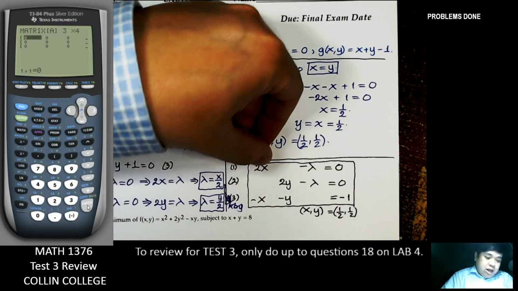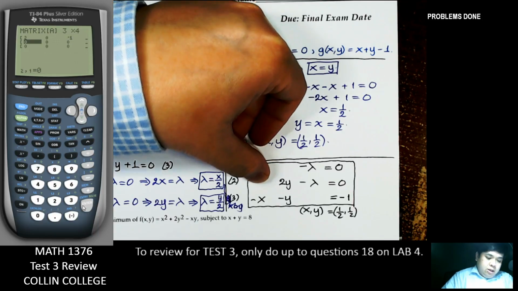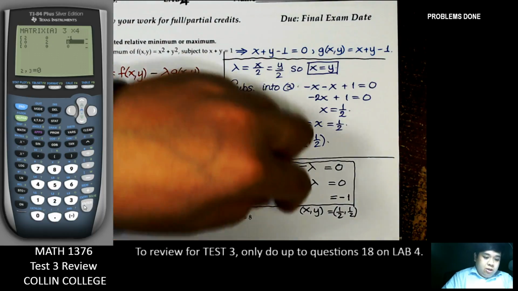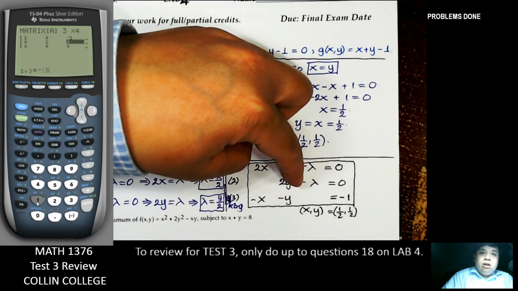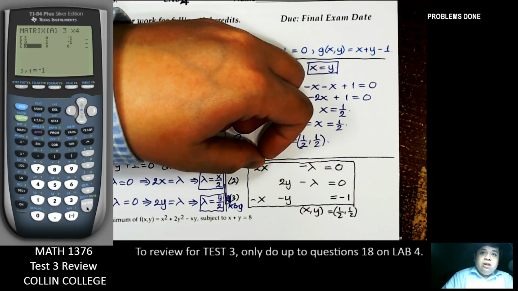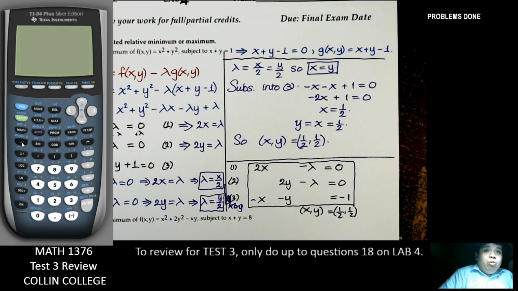Now we'll just enter 2, 0, negative 1, and 0, 0, 2, negative 1, and 0, negative 1, negative 1, 0. We'll do the reduce row echelon form.